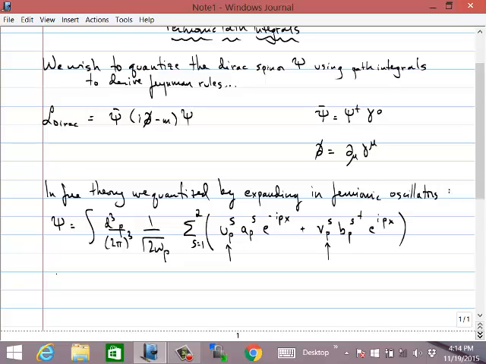And there's a similar expansion for psi bar. So one of the things that we have to remember is that when we quantize the Dirac field, just as when we quantize the complex scalar field, because psi is not a real field, psi is not equal to psi bar, or psi is not equal to psi dagger. So that means that the oscillators, the raising and lowering oscillators here, are not Hermitian conjugates of one another.